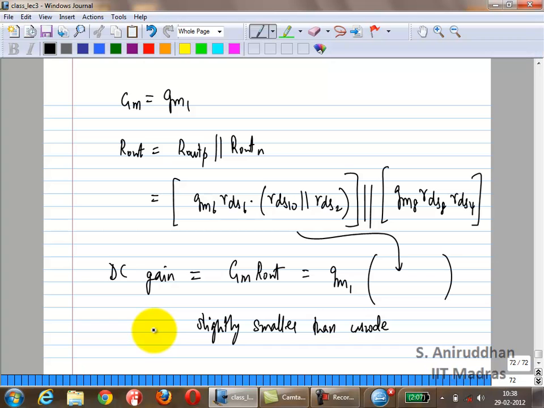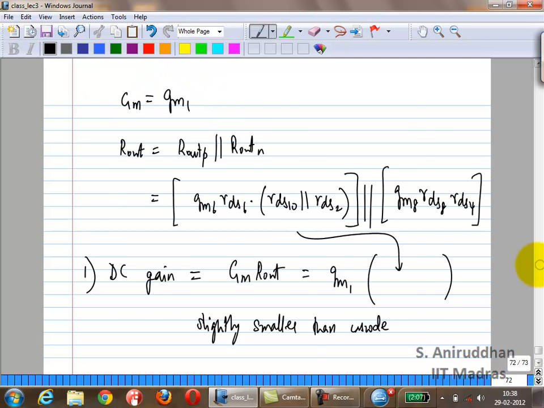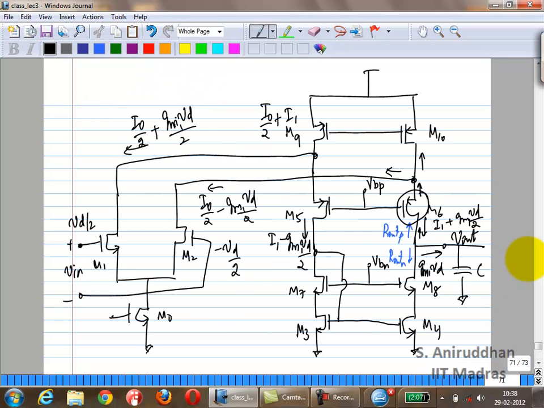What else? So this is the first one, DC gain. What is the unity gain frequency? GM1 by C, same as before.